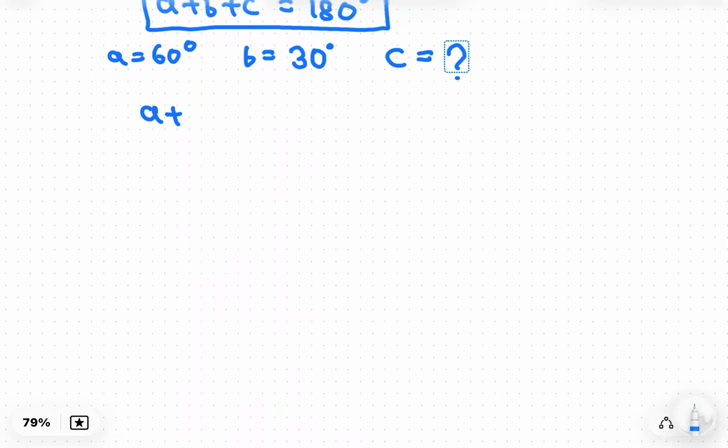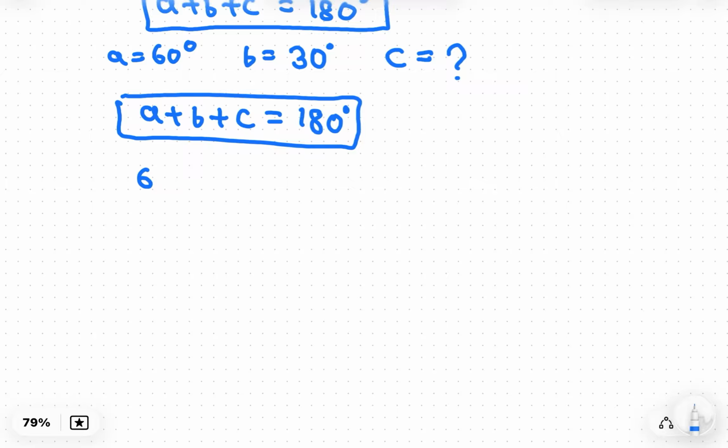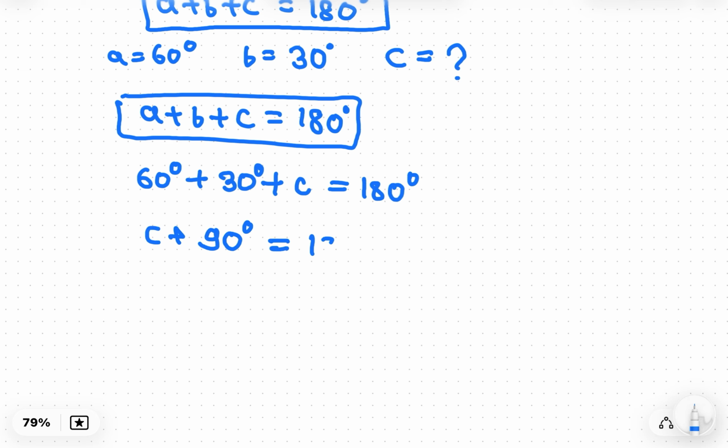We know A plus B plus C is equal to 180 degrees if it is a triangle. So the value of A is 60 degrees, the value of B is 30 degrees, plus C is equal to 180 degrees. C plus 90 degrees is equal to 180 degrees.